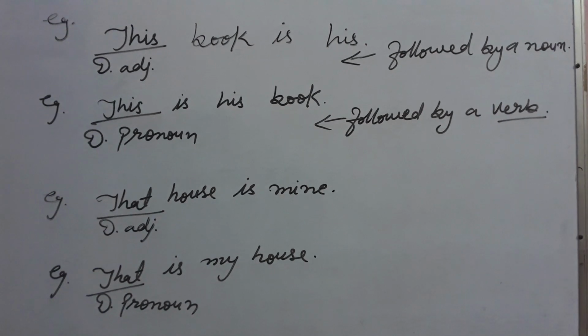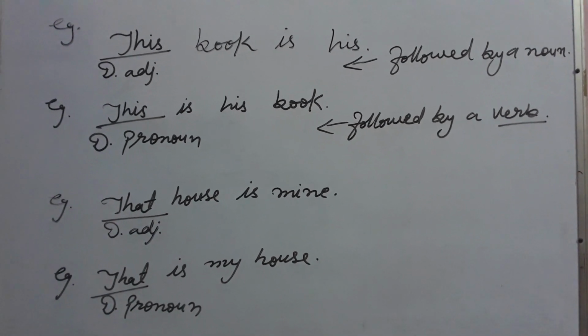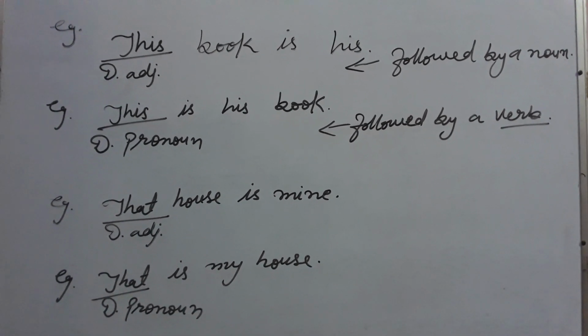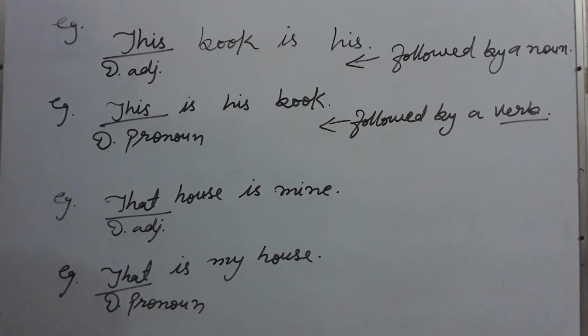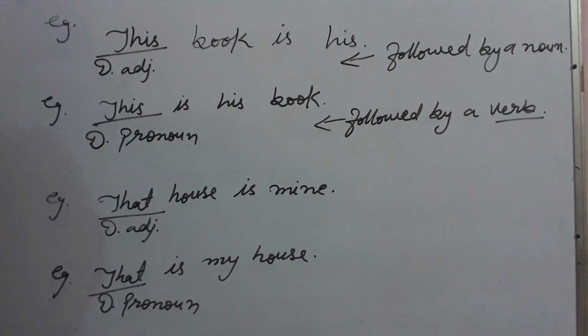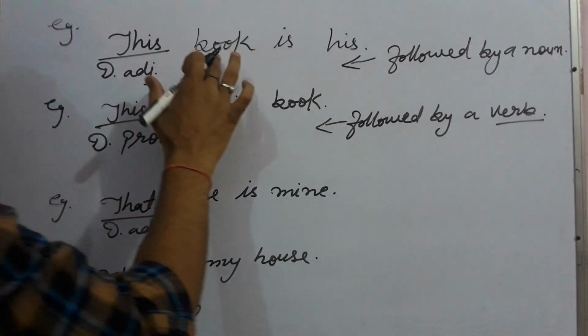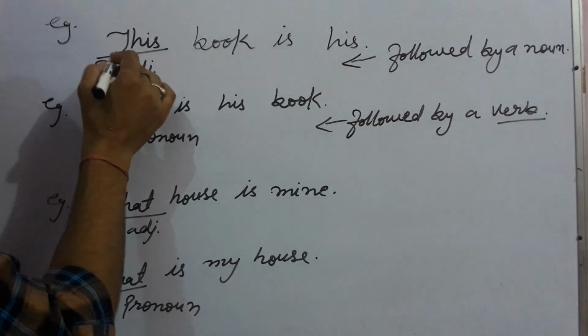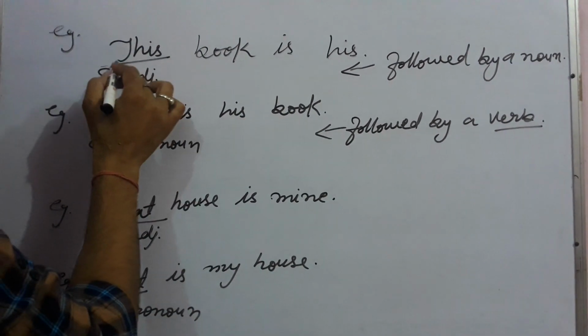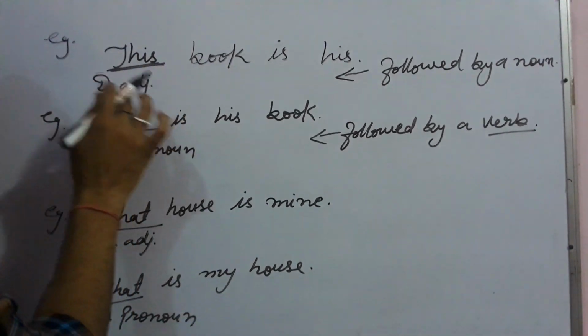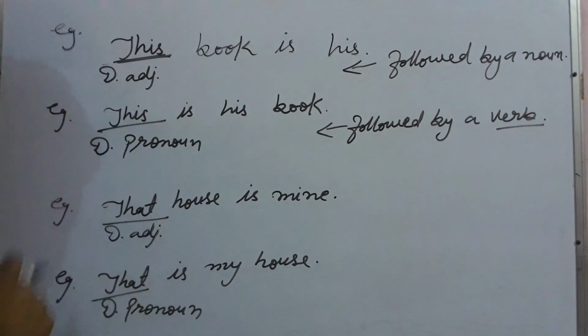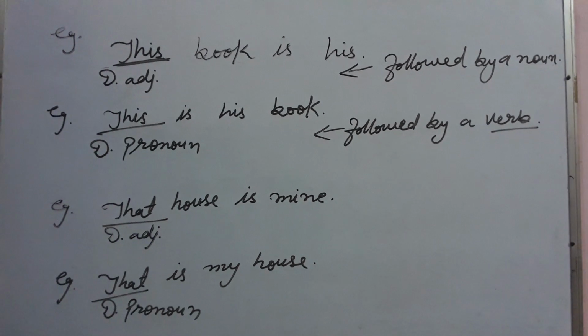So dear students, these are the examples of demonstratives. You can see the first example: This book is his. In this sentence, this is a demonstrative adjective here. What is the reason for being an adjective?